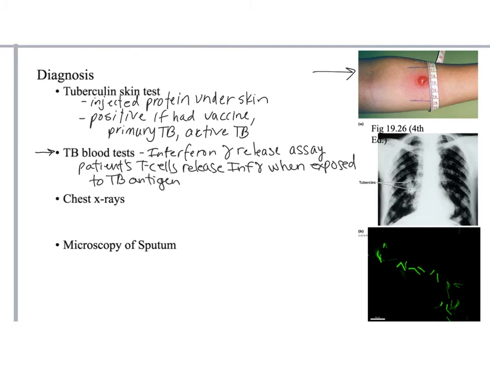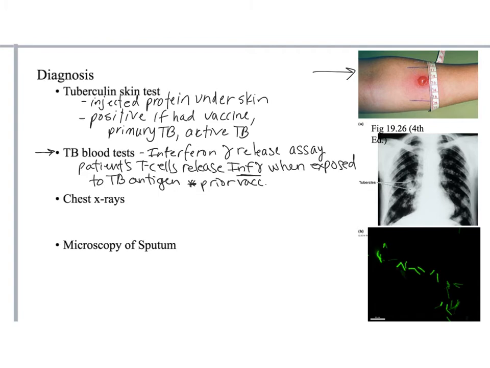So we take a patient's blood, expose it to the TB antigen, and then test for the presence of this interferon gamma.